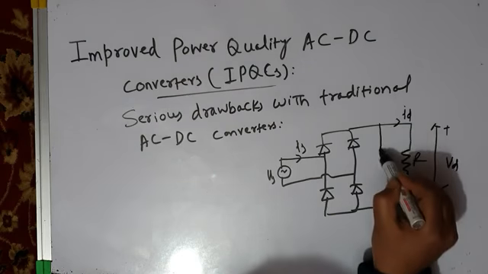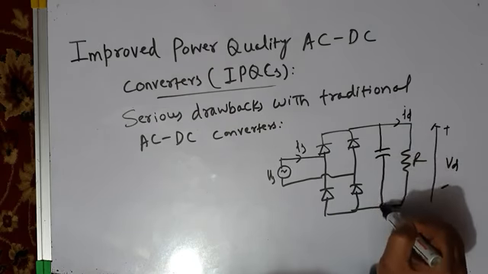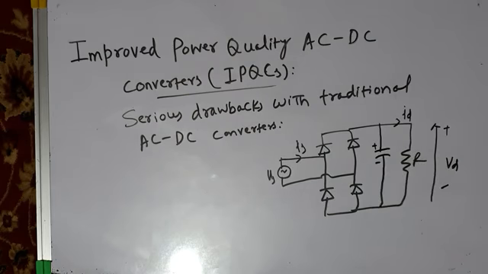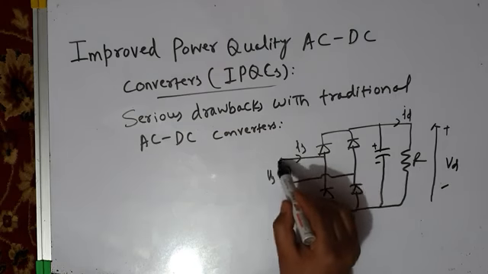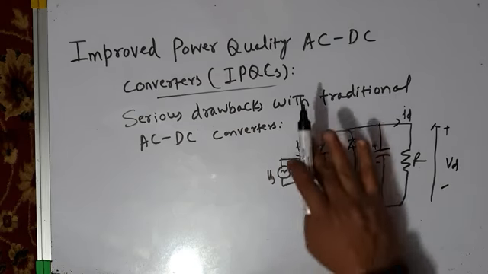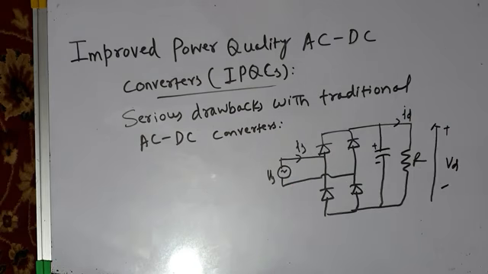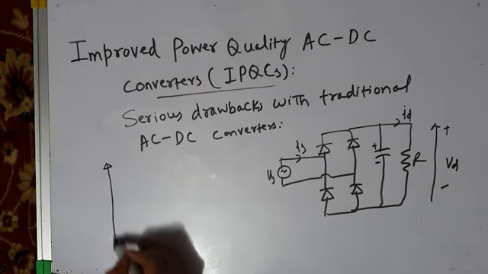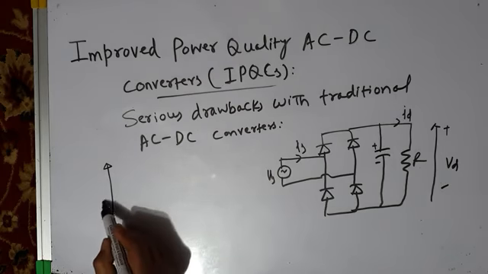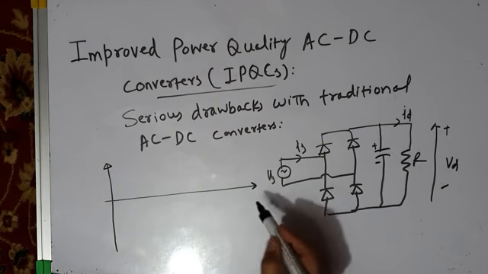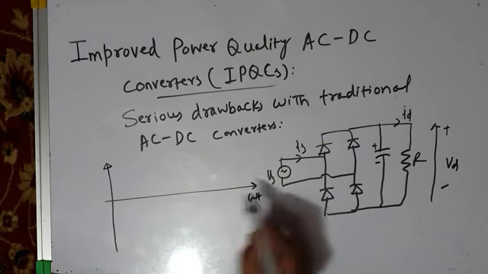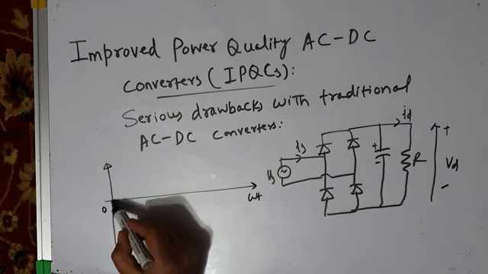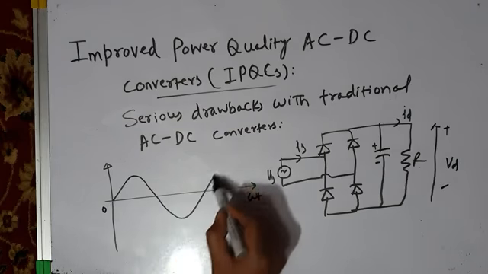But as soon as you connect a filter capacitor across the load, this filter capacitor makes the source current, that is IS, AC current or source current drawn by the rectifier from the source, highly distorted. So you have seen through the simulations also in one of the simulation classes, this is the type of current which this type of rectifier is drawing from the source.